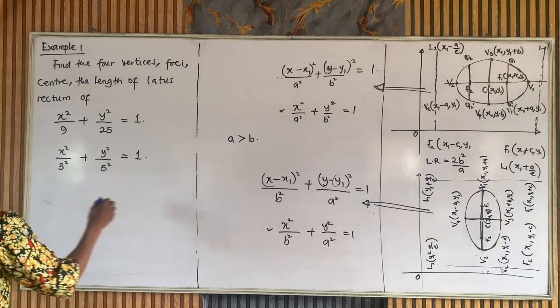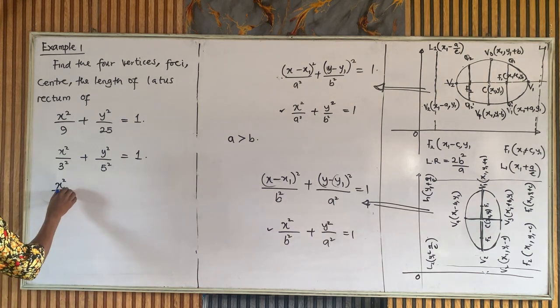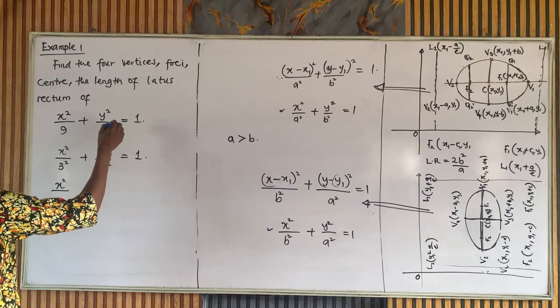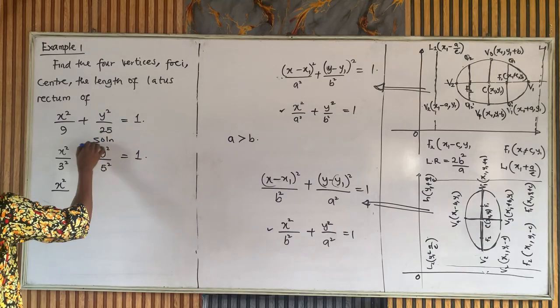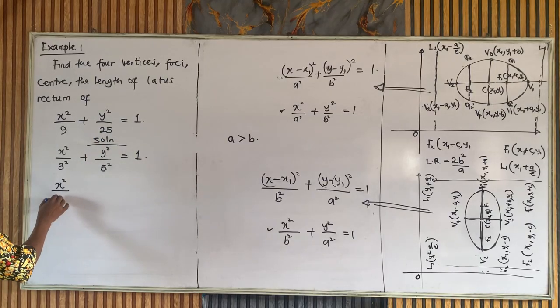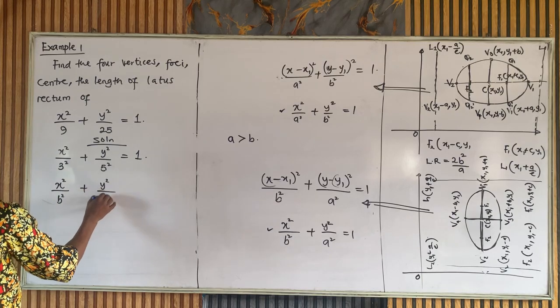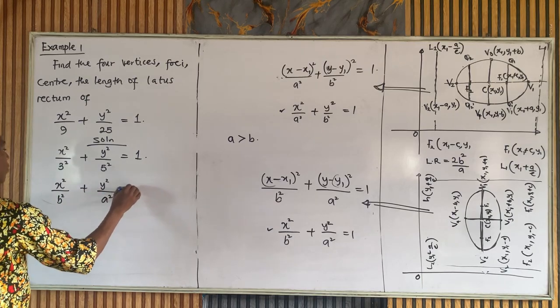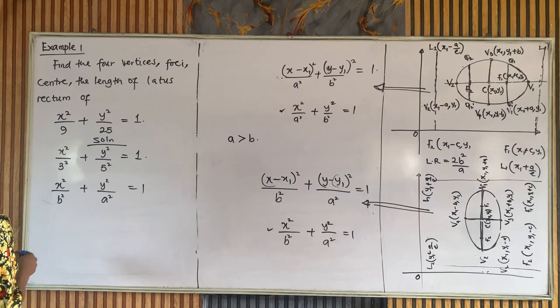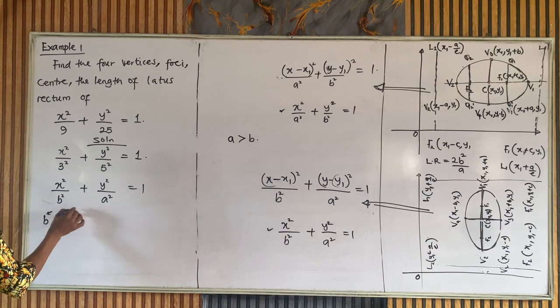If we compare with this, solution: x squared over b squared plus y squared over a squared is equal to 1. So here we can say that b squared is equal to 3 squared, hence b is 3.